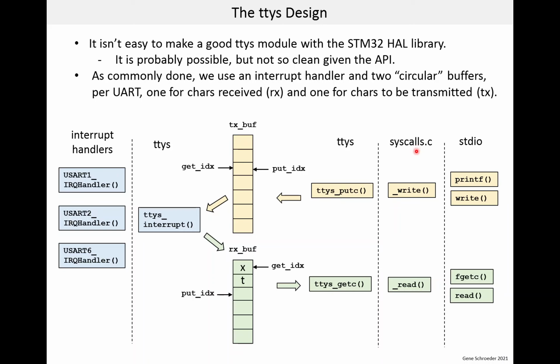They call the ttys module functions to transmit and receive data. And then the top level is the C language standard IO API functions. These functions ultimately call _write and _read to transmit and receive data. There are a lot of functions in the standard IO library, and just some common ones are shown here.